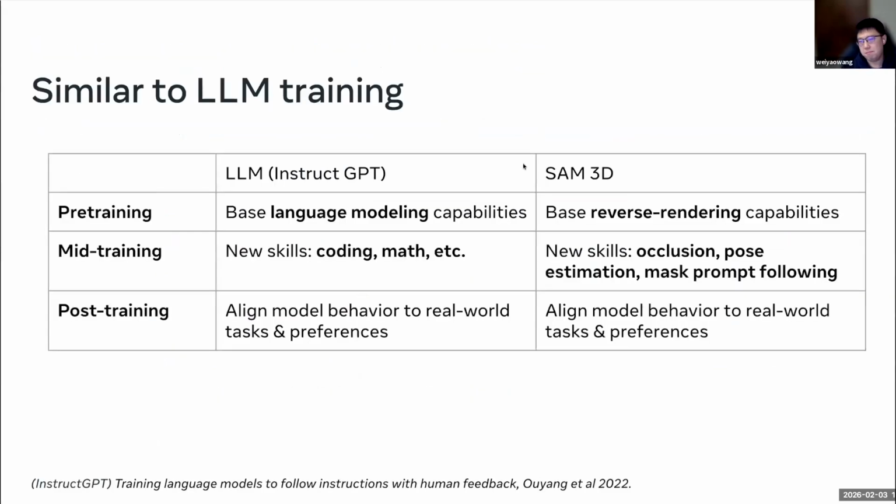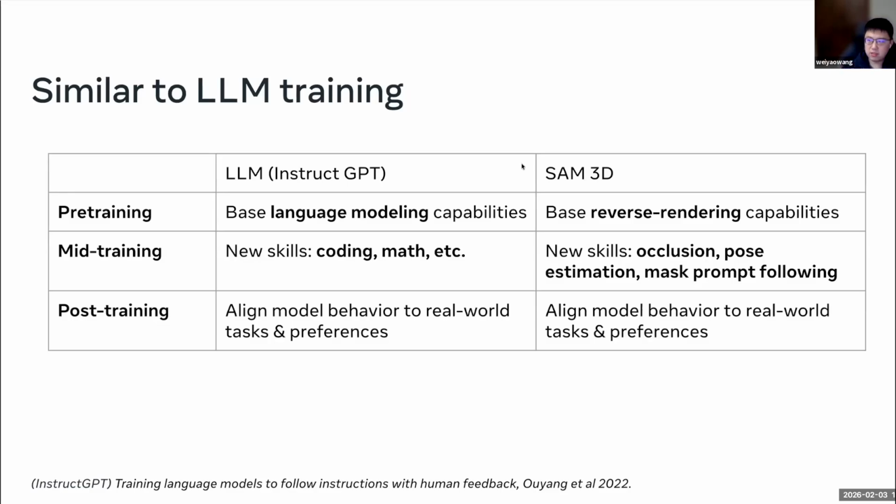Now, if we step back a little bit, if this feels familiar, it is familiar. It's basically the LLM recipe applied to 3D. In pre-training, an LLM learns to predict the next token. In our case, we teach the model how to reverse render a clean canonical view back into shape and texture. Then in mid-training, LLMs learn domain-specific knowledge like coding, math, or medical reasoning.